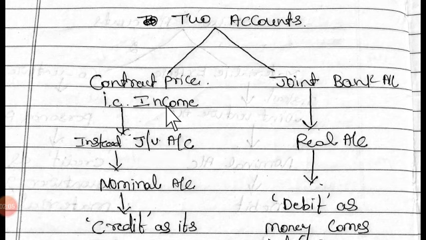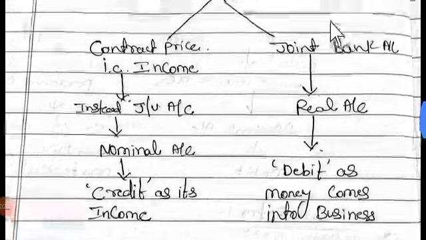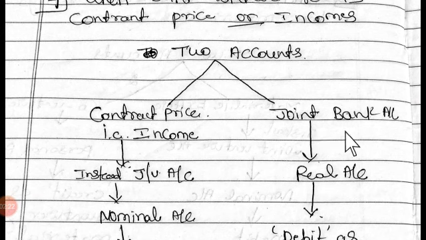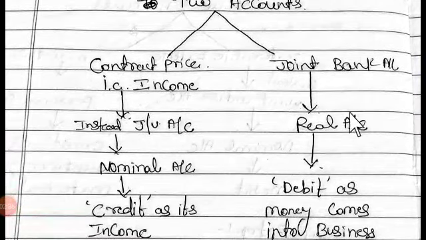In the same way, if you receive income, as per the nominal account income should be credited, but income should not be written directly. Instead of income we should write the joint venture account. So since it is a nominal account, we should credit it. As and when that amount is received, the amount of the joint venture will be maintained through the joint bank, which is opened at the beginning of the joint venture.